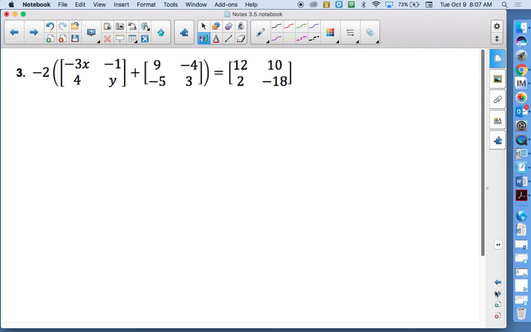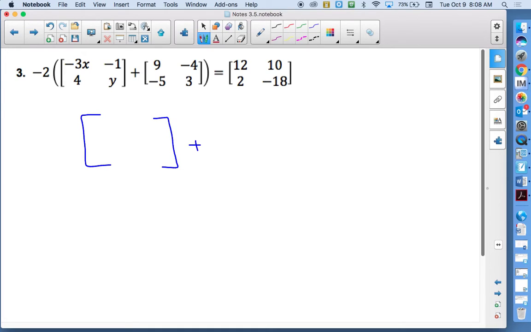So the last one is the little equation. We're asked to find the x and the y. This is one that we have a little bit of work to show for. What would you do first? Holly, what do you think you'd do first for number 3? Distribute negative 2 to both pieces of the equation.